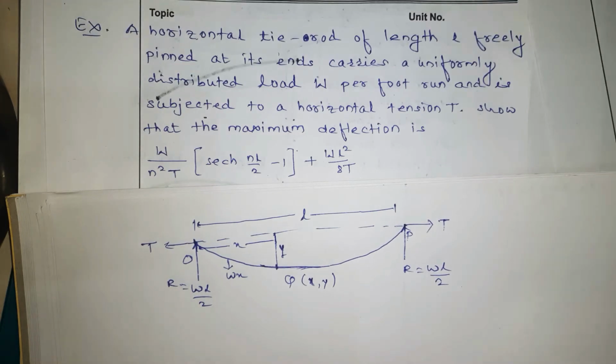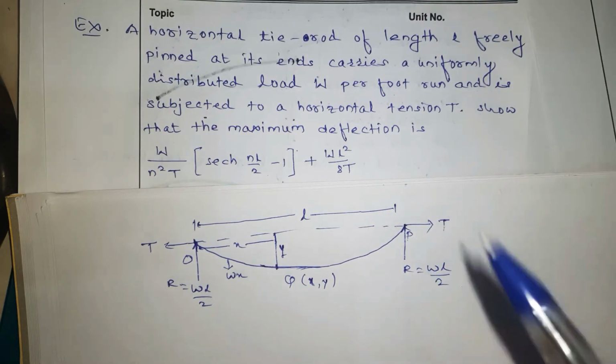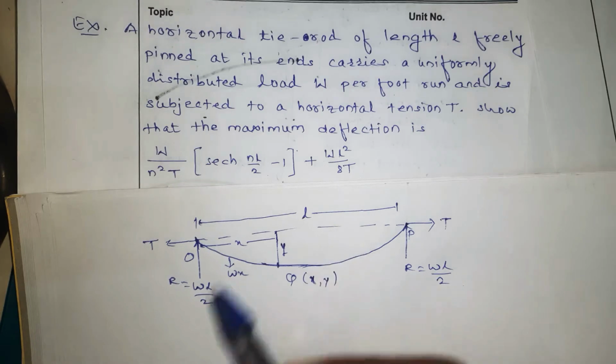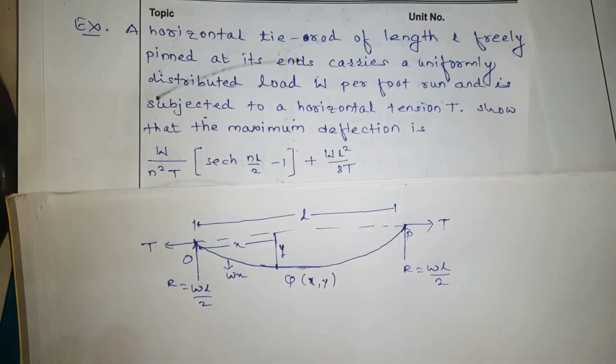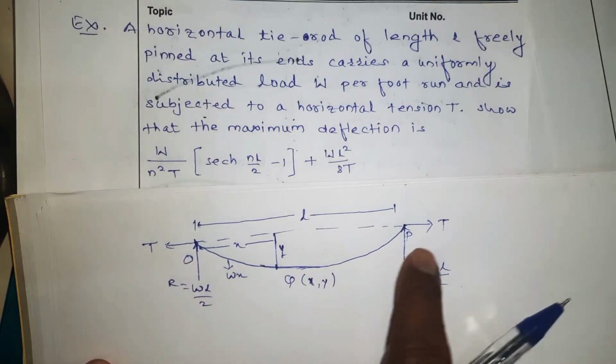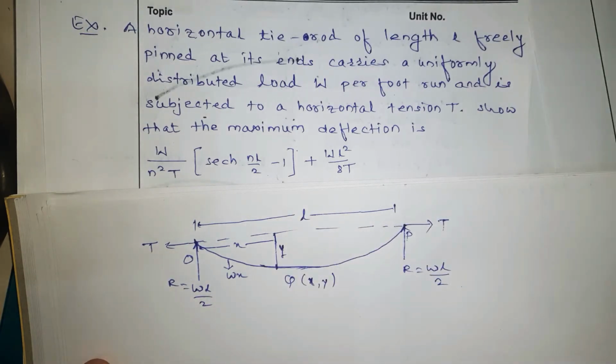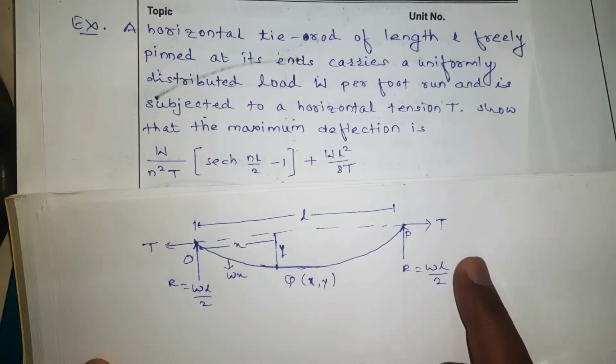So this is the initial figure we draw from what is given. Now let us write down the differential equation associated with it. O is our fixed point, P is our end point, OP is equal to L, W is the distributed load, T is the tension.